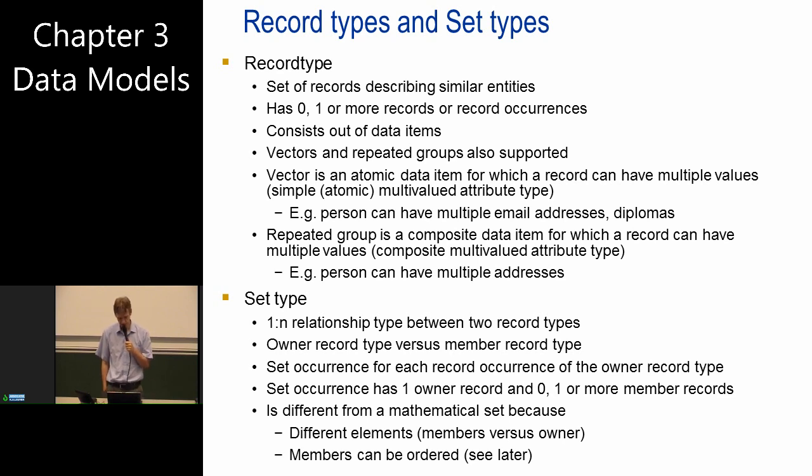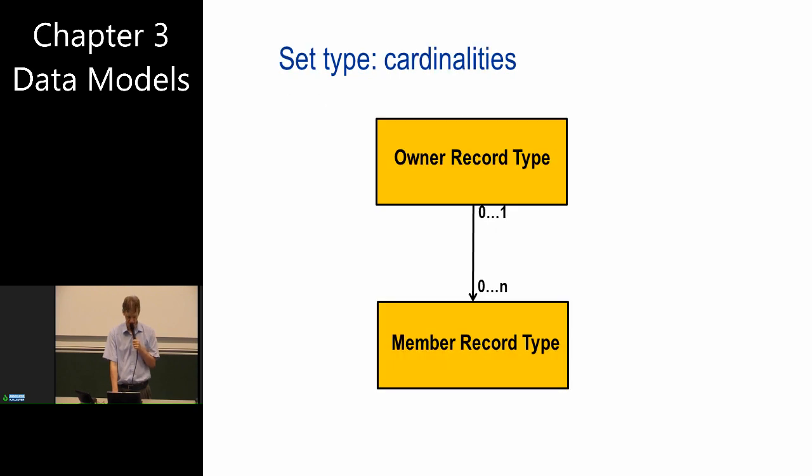As we will be implementing CODASYL sets, the members can also be ordered. You can say, look, I have my marketing owner record, and then I want to order all the members, all the employees alphabetically, or in terms of their age, based upon birth date. You can physically order them, and the reason you would do that is because that could speed up implementation, for example. So ordering is something that is available in a CODASYL set, but it's not there when you talk about mathematical sets.